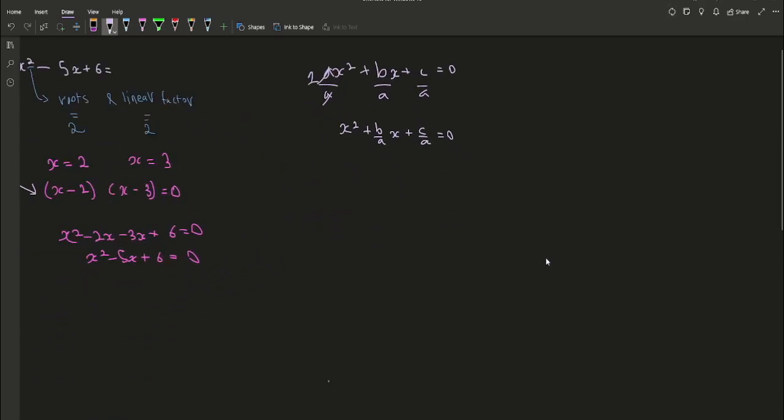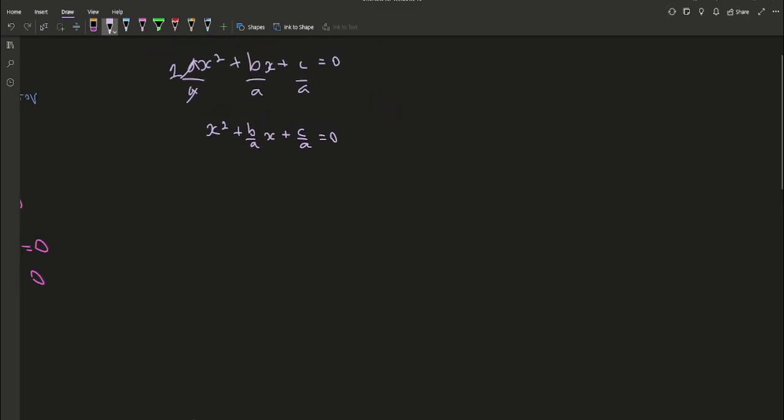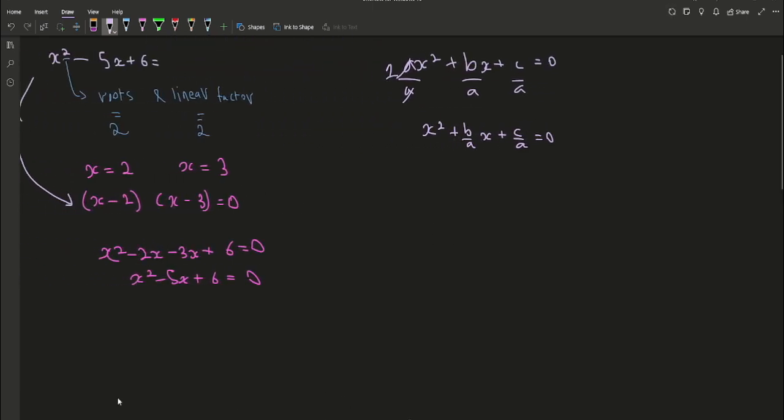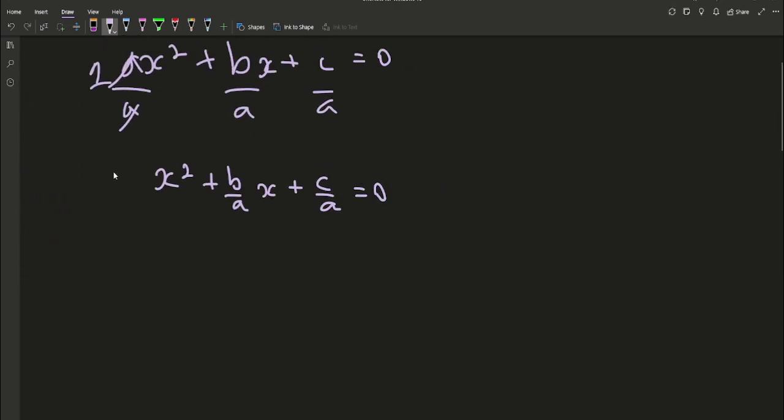Now let's assume that the two roots are here. Here our two roots were 2 and 3. Now let's assume that the roots are alpha and beta. Let's write them as linear factors: x minus alpha, x minus beta.